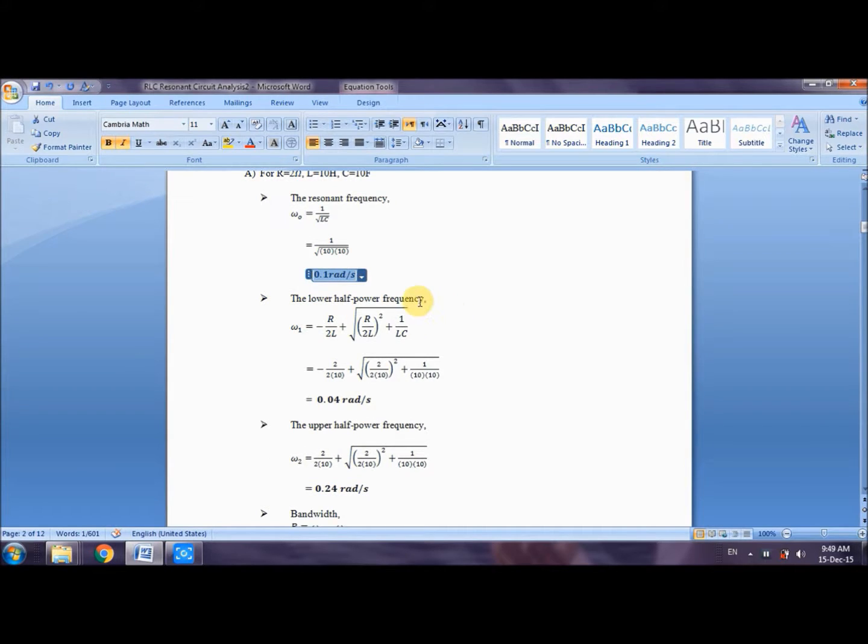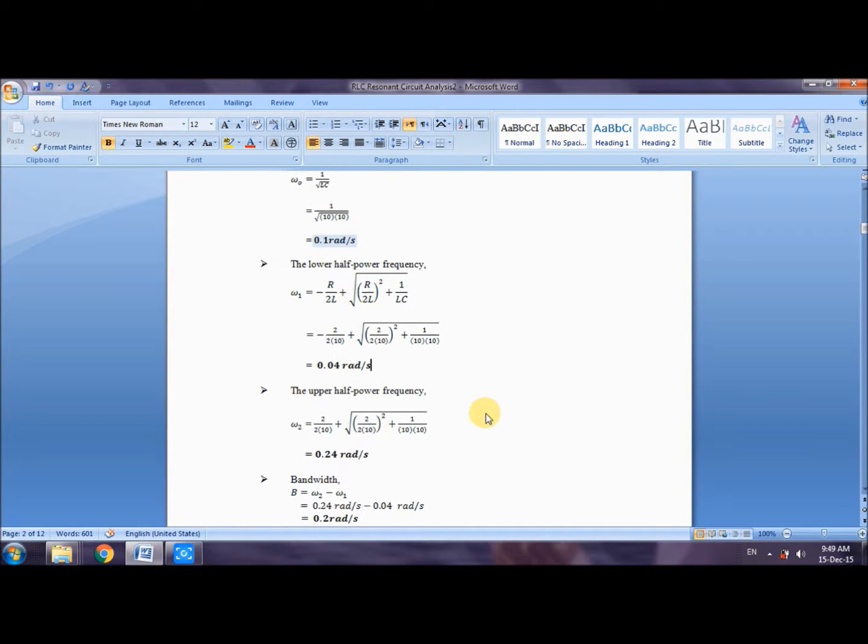For the lower half frequency, we use this formula, omega 1 equals negative R over 2L plus the square root of (R over 2L) squared plus 1 over LC. Then we get the answer 0.04 radian per second. For the upper half frequency, we got the value 0.24 radian per second.